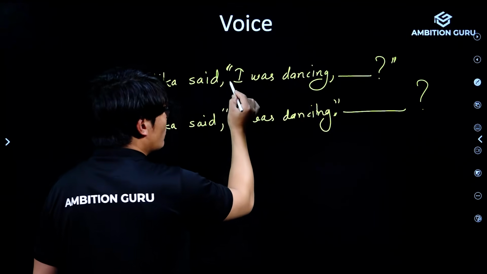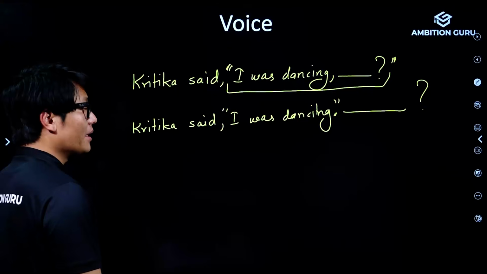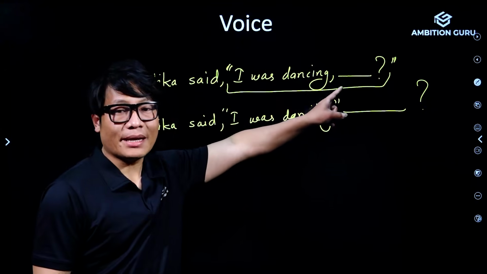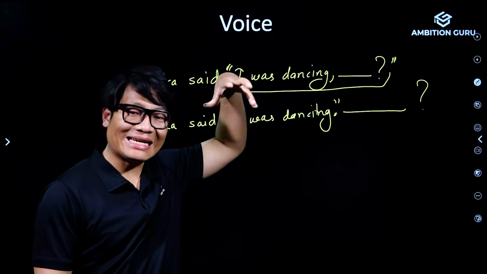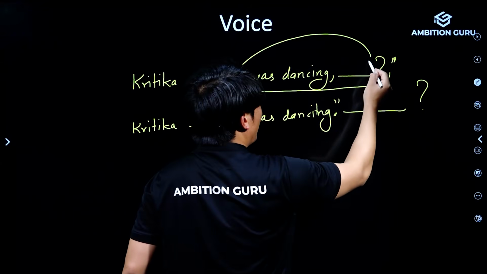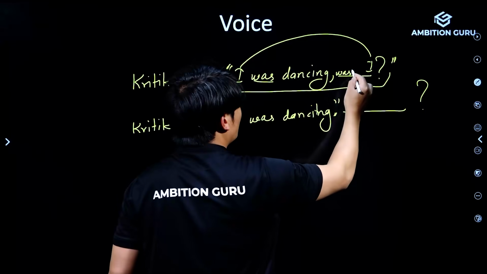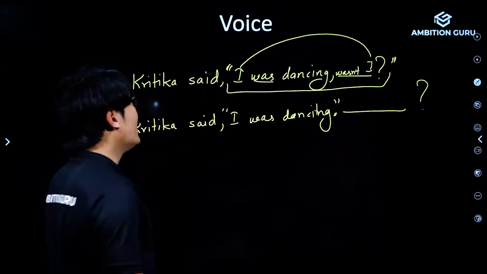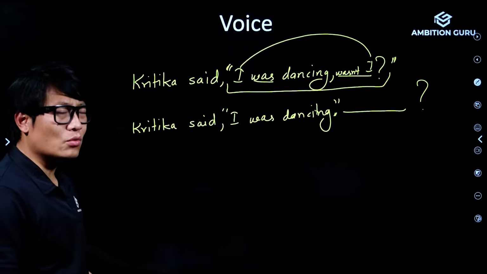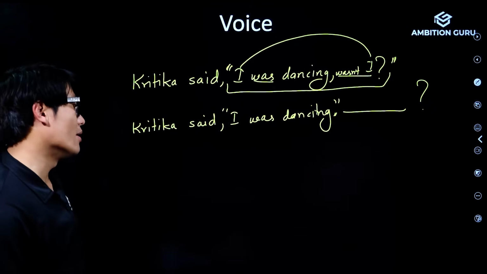That means this is one sentence. You need to make the tag question which is inside the inverted commas, so I remains here. I was is here, so the answer is wasn't I. Kritika said, I was dancing, wasn't I? Simple.